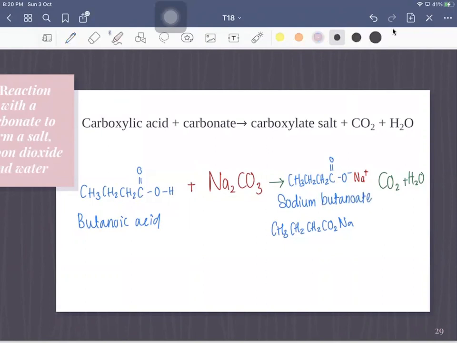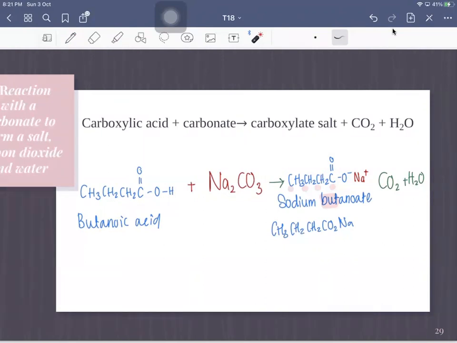The 'but', of course, comes from the number of carbon atoms, including the one that is on the COO minus part of the molecule, this carbon. So this works with any carboxylic acid, any alkali, any metals, and any carbonates.